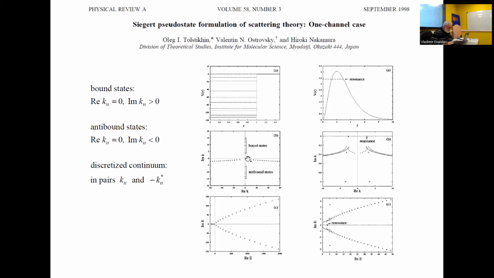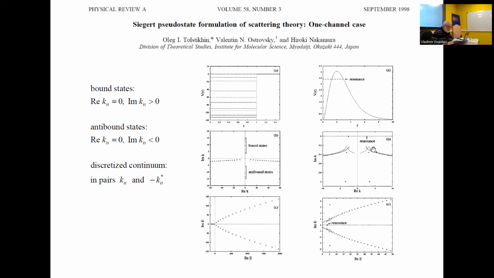If you look at this figure in the energy domain, it looks like this. The right column shows similar results for a potential supporting one shape resonance, and this potential is often considered in these resonance calculations. These are Siegert eigenvalues in the complex k plane, and you see they form some sequence. This potential does not have bound states, so there are no roots on the positive imaginary axis, as well as no roots on the negative imaginary axis.